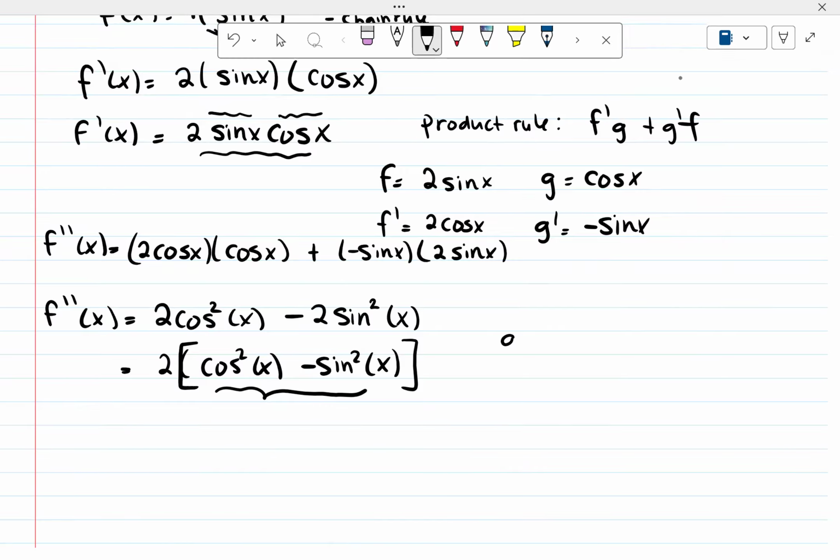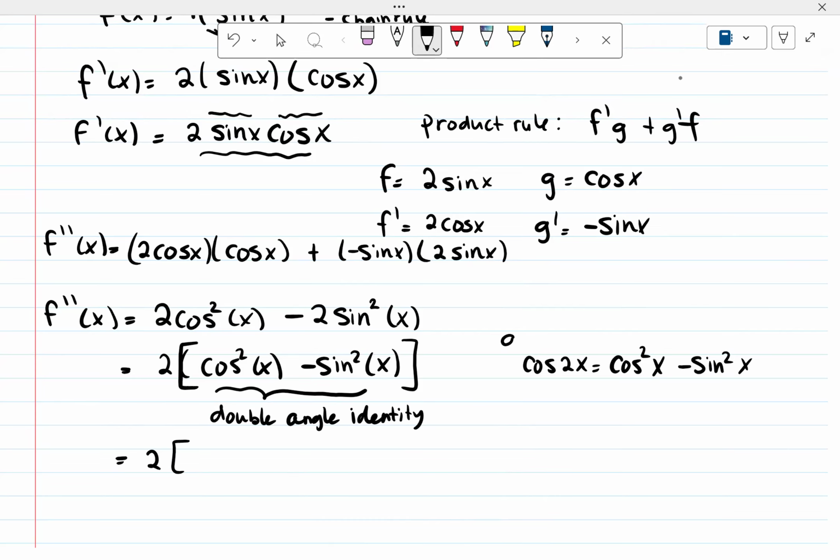So this simplifies as cosine of 2x. Cosine of 2x is the same thing as cosine square of x minus sine square of x. Okay, so now you know. So this is going to be 2, and then just replace that with cosine of 2x.